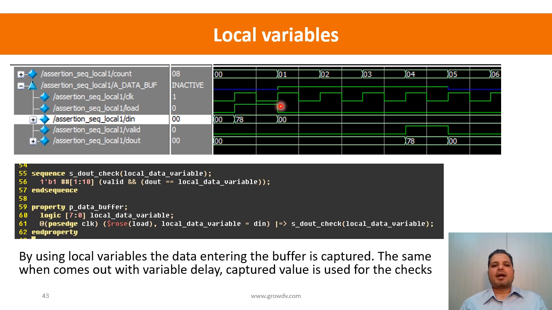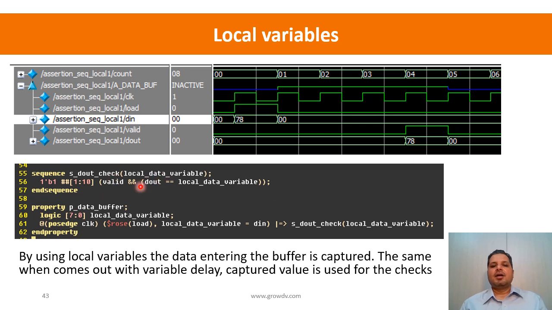So if we look at the waveforms, on the clock count of 0, we have the assertion of load, and this value 78 gets sampled in the preponed region at this particular point, and that gets captured in this local data variable. Then when the count becomes 4, now it could come at any point, but between the 10 clock cycles, so at count becomes 4, we are seeing the valid coming out.